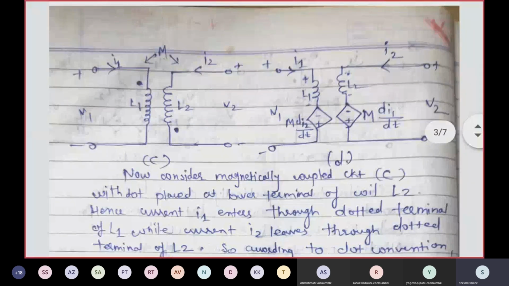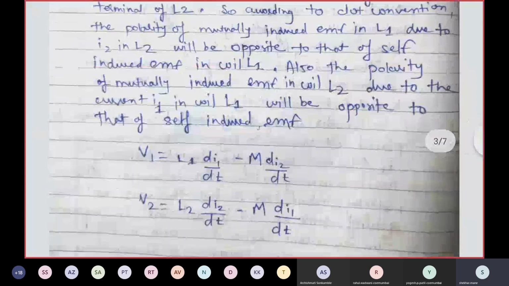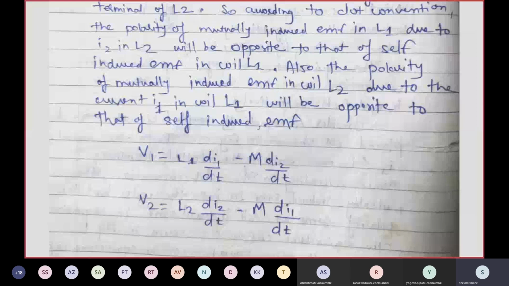So that's why after applying KVL you will get V1 is equal to L1 di1 by dt minus M di2 by dt, and V2 is equal to L2 di2 by dt minus M di1 by dt. Have you understood this?